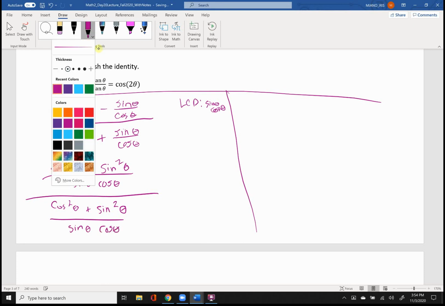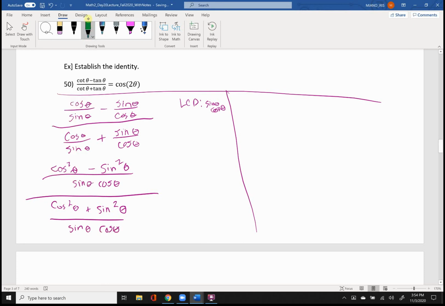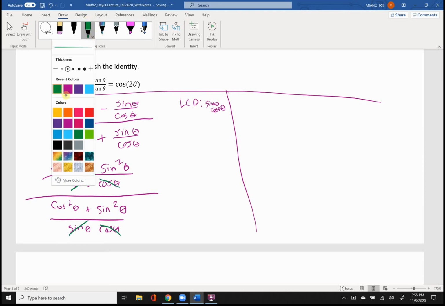And so much fun, we get to just slash away these sines and cosines, and then just have these two above each other, or on top of one another.